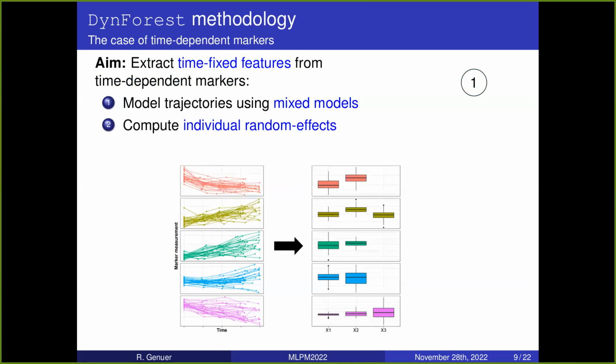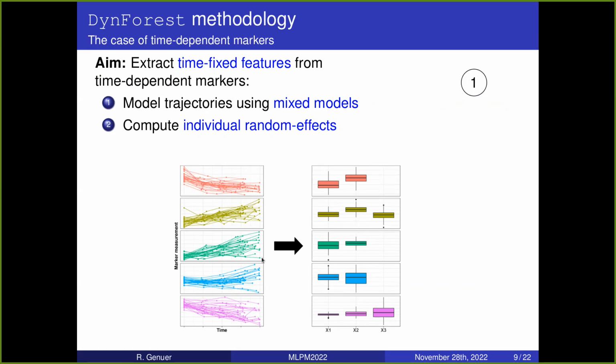Okay, so from our marker measurements, which are trajectories, we want to build some time-fixed features which summarize the variability of the characteristics of the trajectories, and then we will apply the same strategy for splitting, but on these features.